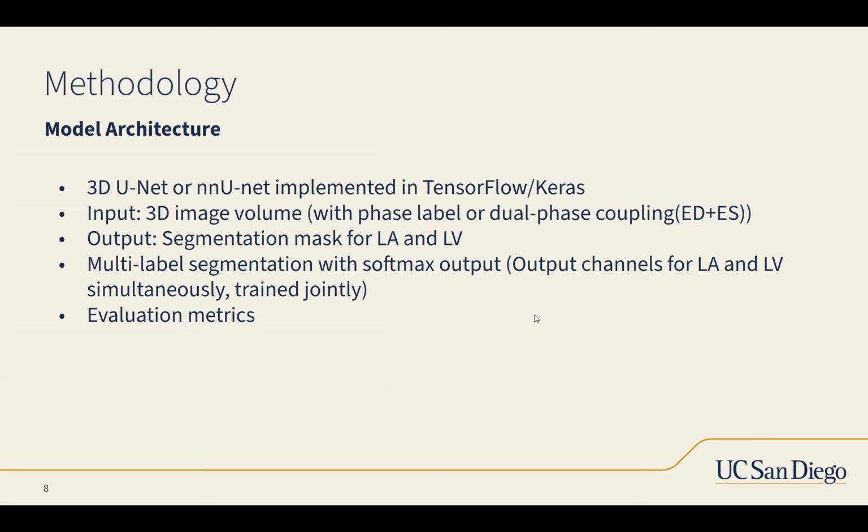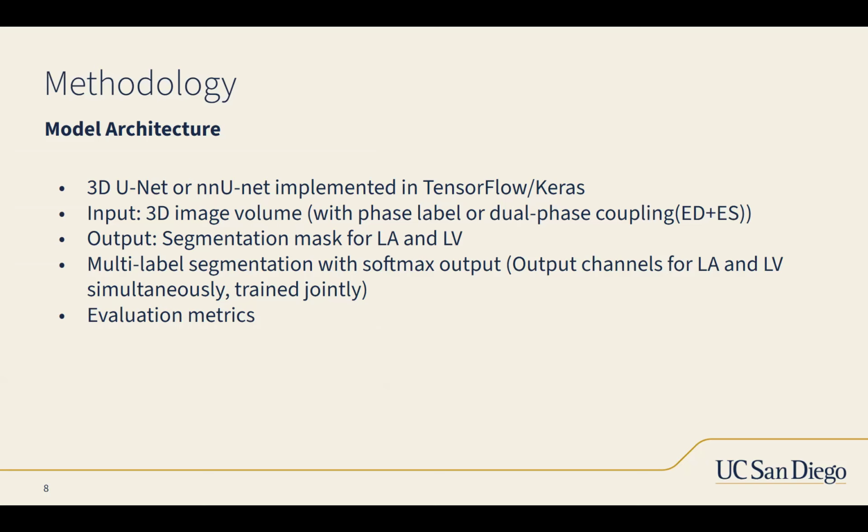Then it's our model architecture. We aim to use some of the state-of-the-art networks and implement them in maybe TensorFlow in Python. The input will be our 3D image volumes with dual phase, so we'll couple them together to get our 3D image.